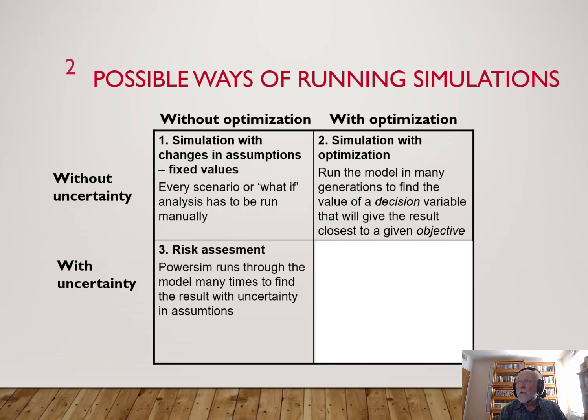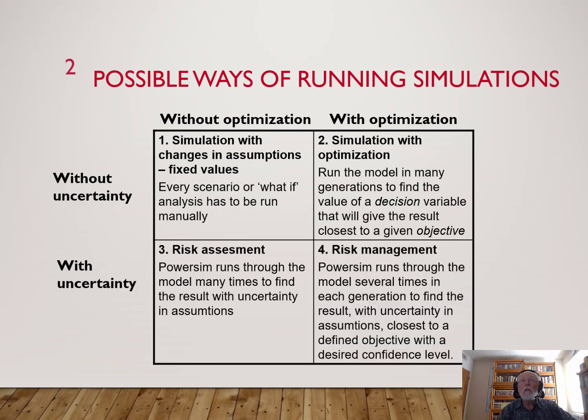So much like a linear programming approach where you say, I'd like to minimize something, here you might say, I'd like to maximize my profit in this small supply chain model. What are my decision variables? Run the model many times and tell me what to set those decision variables at in order to maximize profit.